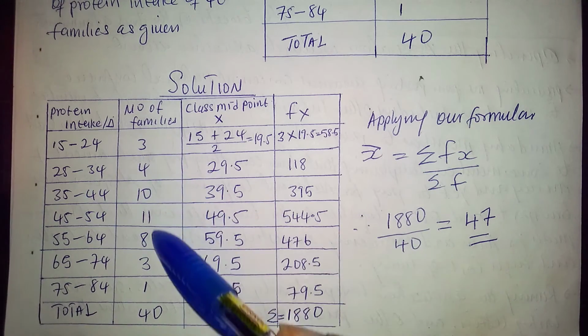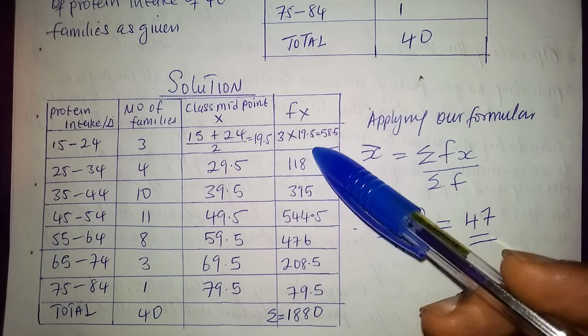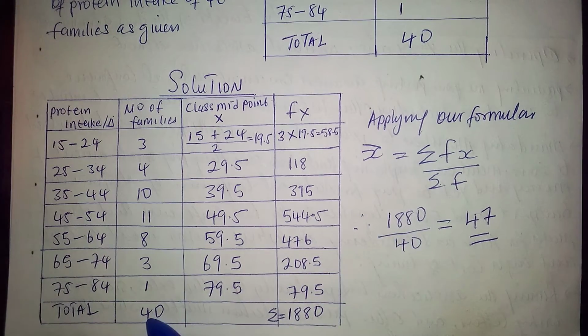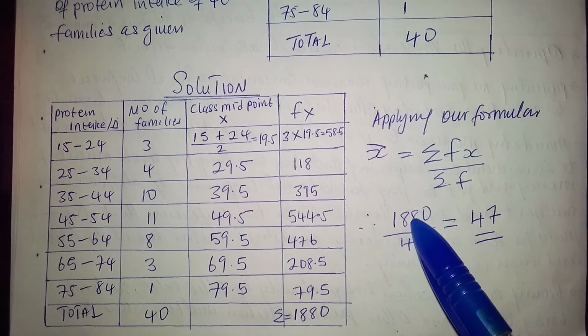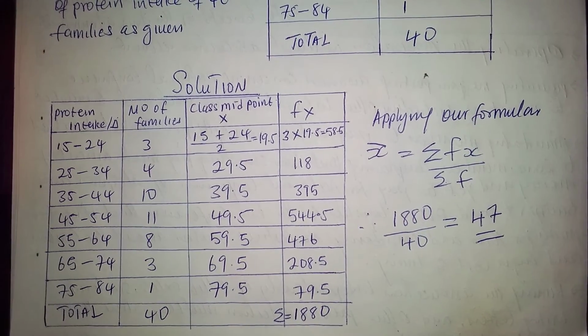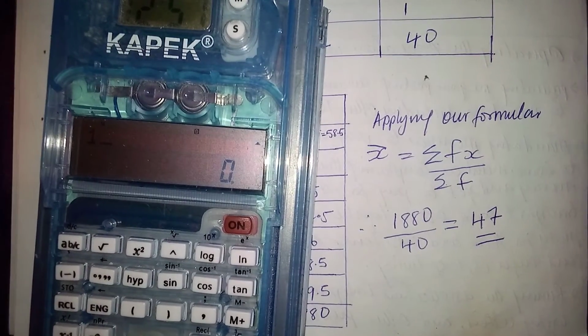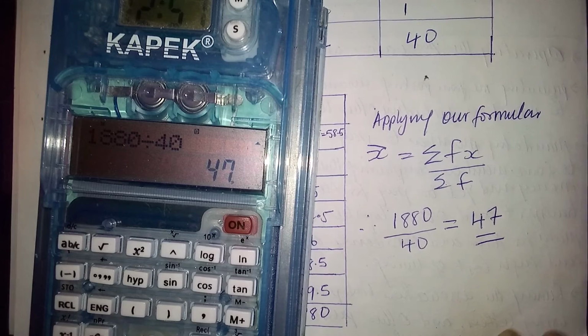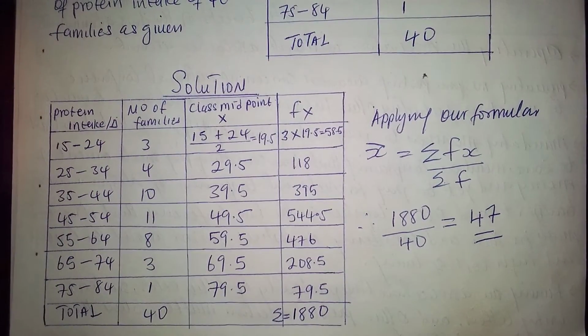The same way you added this one up to give you 40, you add this one to give you 1,880. You write it down, bring out this 40, and divide 1,880 by 40. 1,880 divided by 40 will give us 47. So this is the mean of the protein intake for these 40 families.